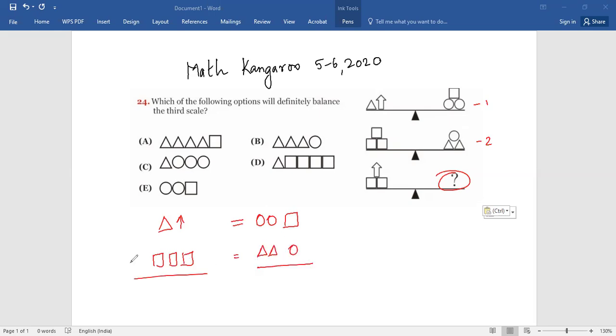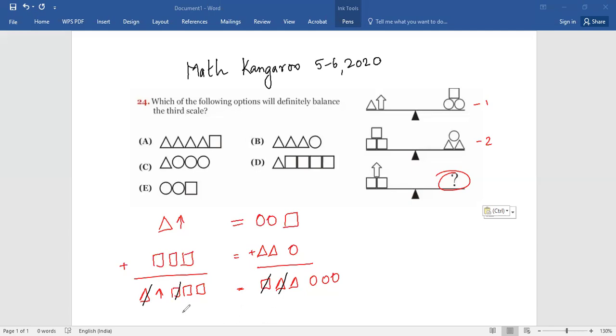So here what we can do is we can add both sides. So you get a triangle and an arrow plus three squares, which is equal to a square, two triangles, and three circles. Now, since they are equal, we can cancel the square, and we can cancel this triangle.